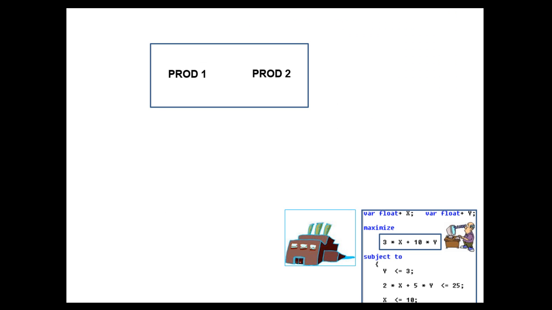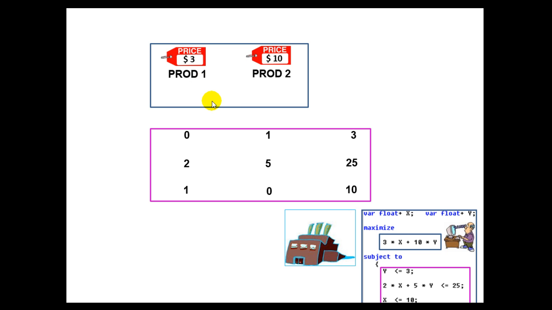And in general, you have two products, but the prices are not necessarily one and one like in the previous example. They can be different, and the constraint, this value can be any value, and here you have the stock or availability.